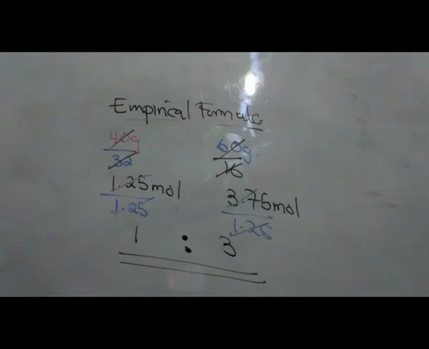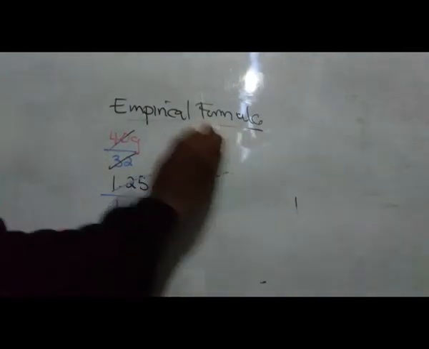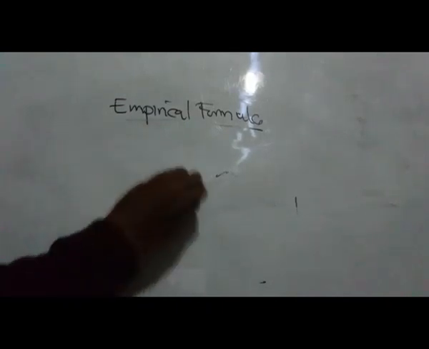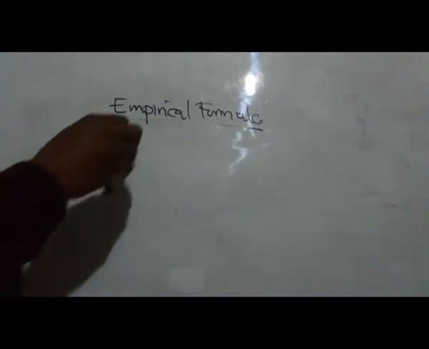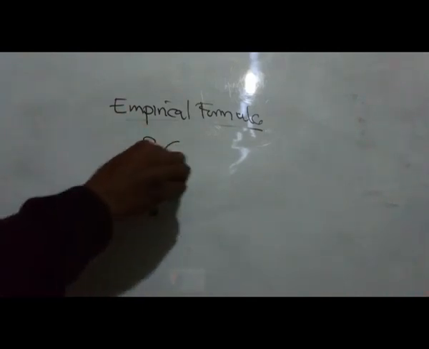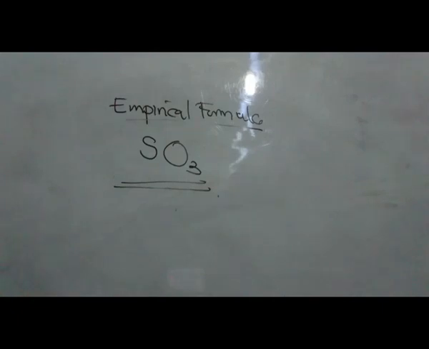Sulfur is 1 and oxygen is 3. So how do we write our sulfur oxide? We write it in the form 1:3. Remember sulfur was 1, so we don't write anything, but oxygen is 3. So this is the empirical formula. Right, thank you very much. We'll move on from here now.